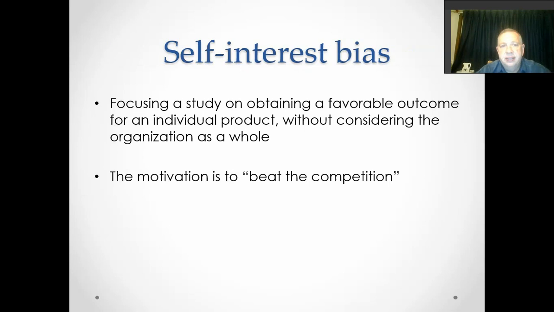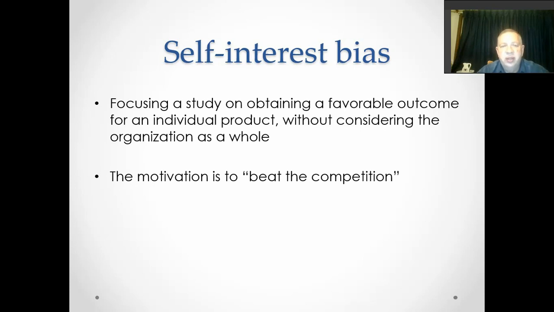Self-interest bias is basically we're looking at a study and obtaining a favorable outcome for an individual product or study without considering the organization as a whole, not considering the outcome as a whole.